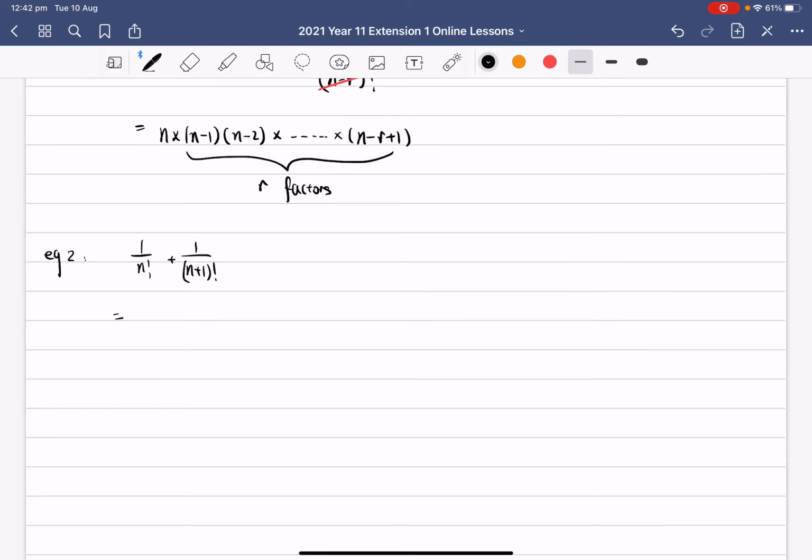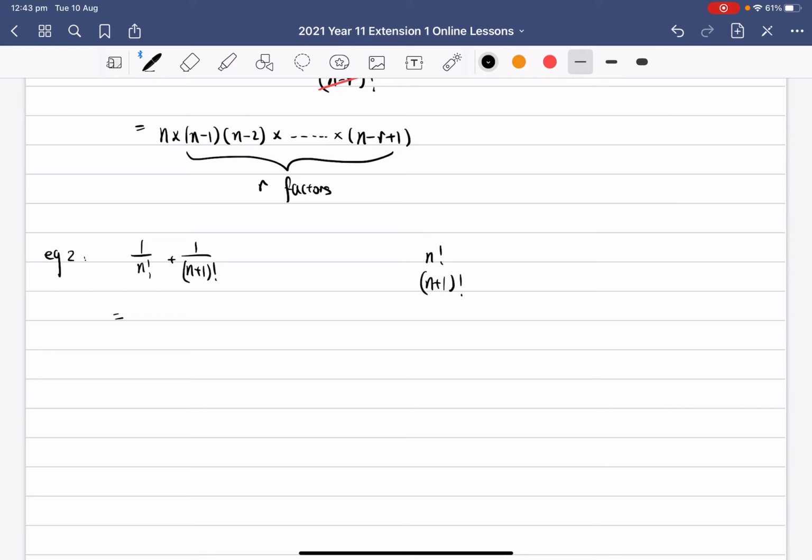Again, if you treat this as a fraction, when adding 2 fractions together it's all about making the same denominator. So how do we make the denominators equal to each other? Well, firstly, n factorial and n plus 1 factorial are very similar.